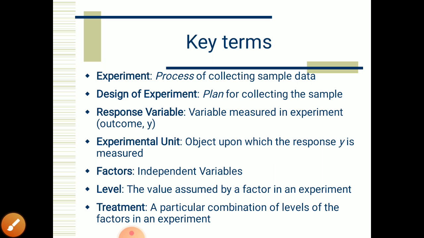Then we have the levels. Levels means each influencing factor can be divided into different levels. This will only come in the factorial designs that we'll talk about when we come to the designs. Factors and levels are within the independent variables. Then we have treatment also.